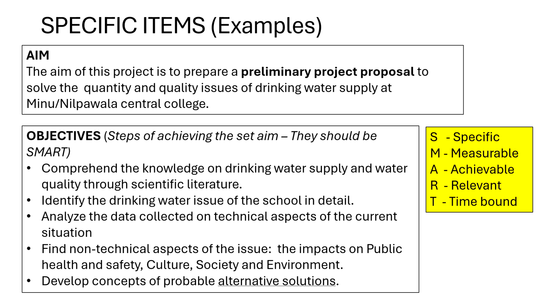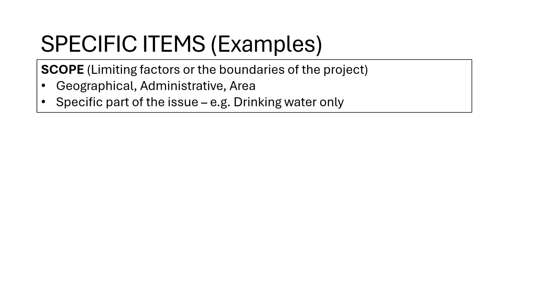I hope you understand how to write the aim and objectives. Most probably for all of you, the last one will be the same, develop concepts of probable alternative solutions, right? But in between, you may have to change a few words to match with your selected topic.